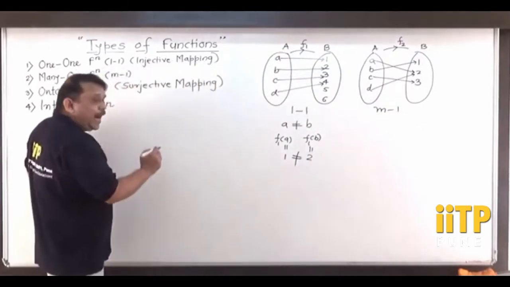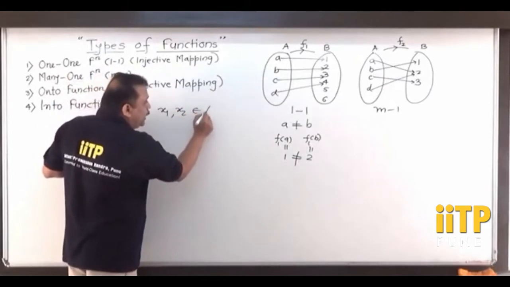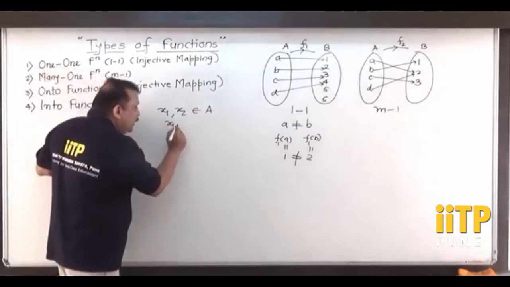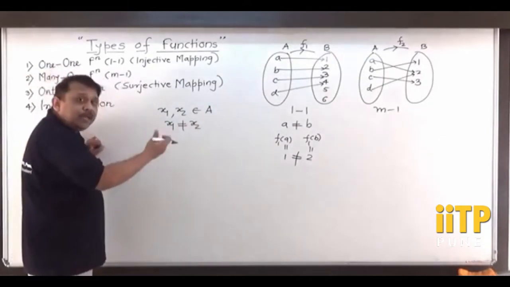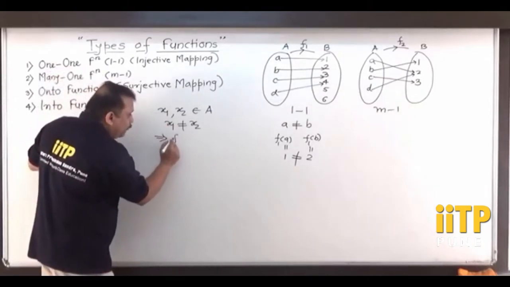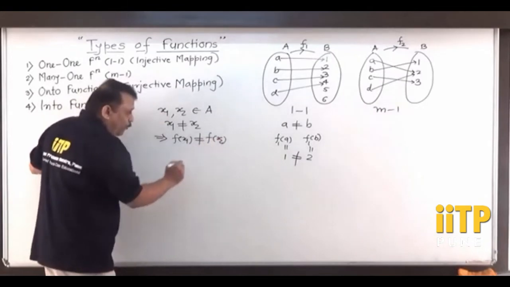So in general, I would say that if x1 and x2 are any two elements of capital A such that x1 is not equal to x2, then in order to get the function 1-1, this should imply f of x1 is not equal to f of x2.